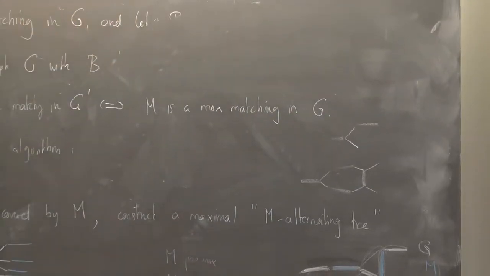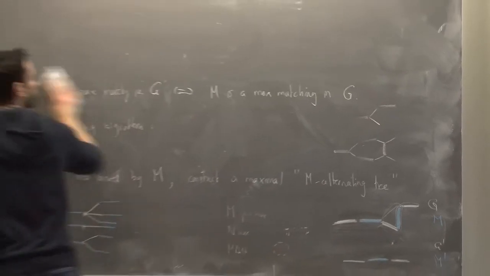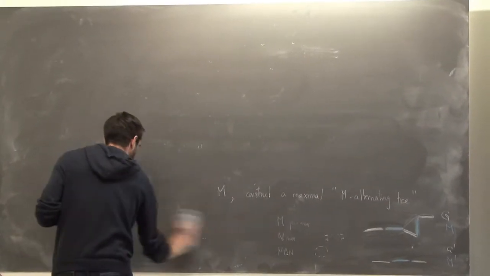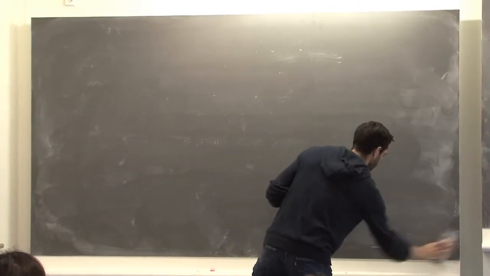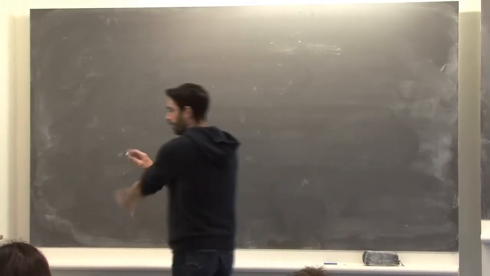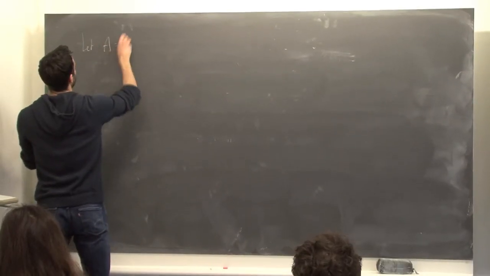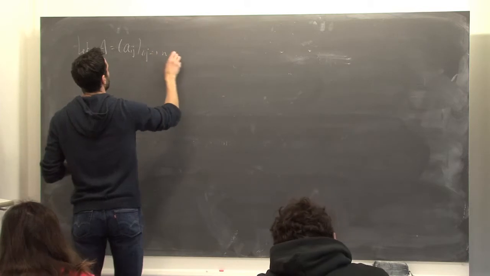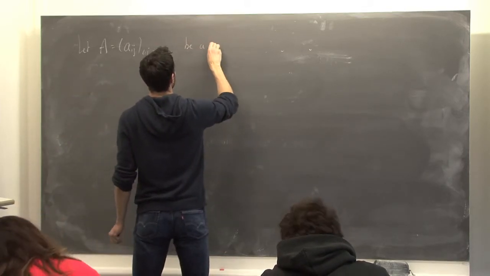So now, counting perfect matchings. Let A be an n times n square matrix.